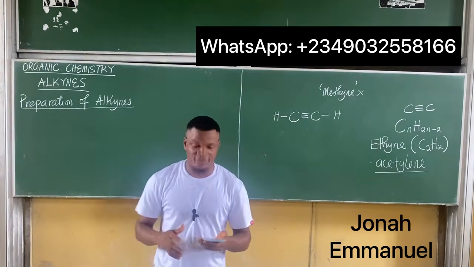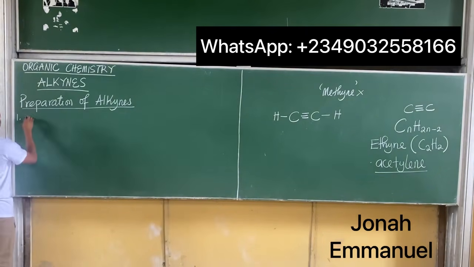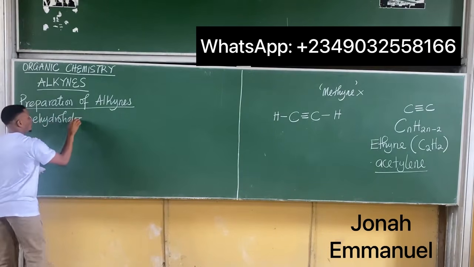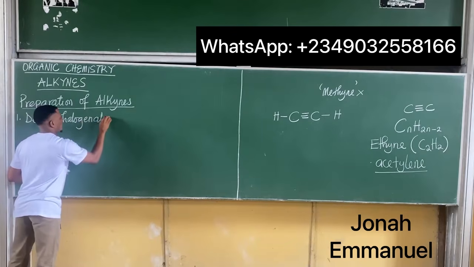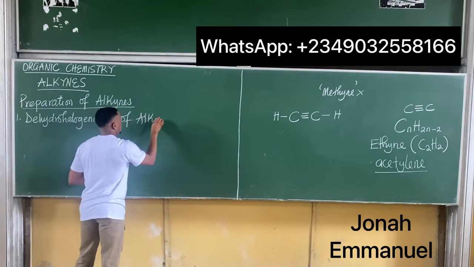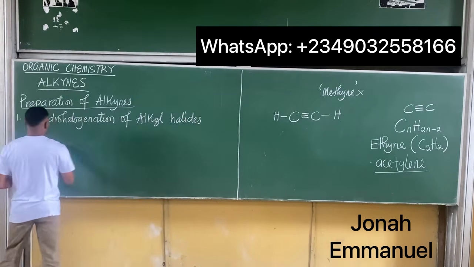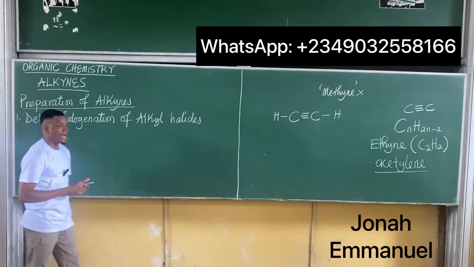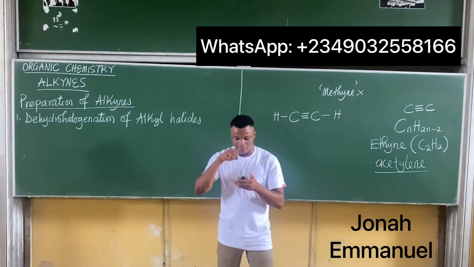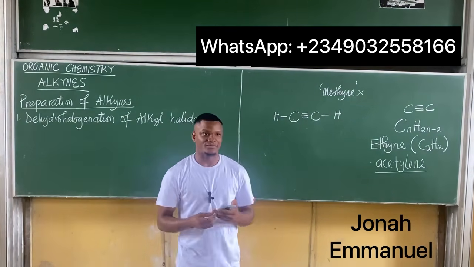The methods of preparing alkynes include number 1, the hydrohalogenation of alkyl halides.